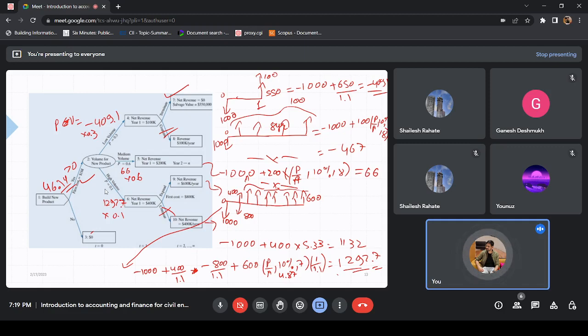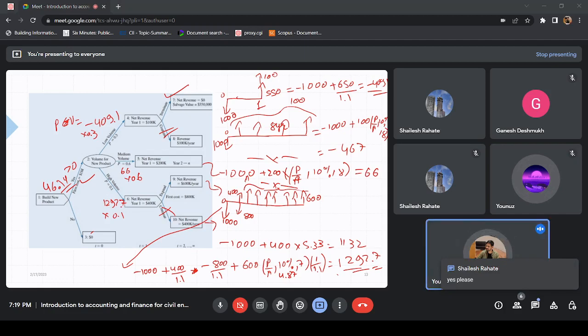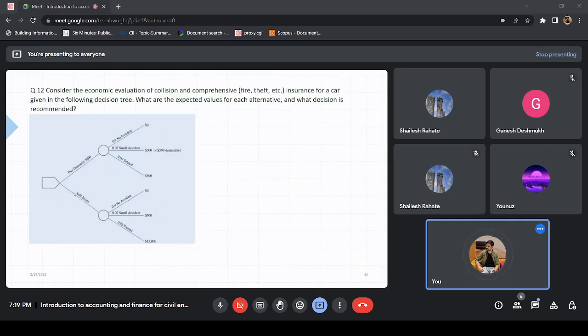Anybody who is ready to move on to the next question? Okay, I am assuming that you have no doubts till this part. So now what you saw in this question was that we compared only the expected value to determine how we should proceed. Now let's see another question.